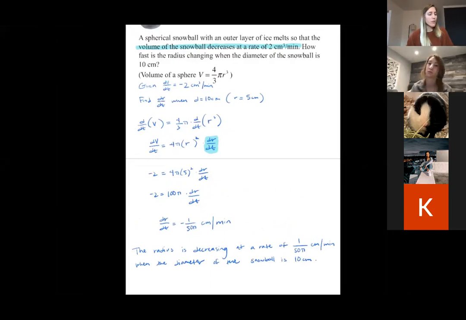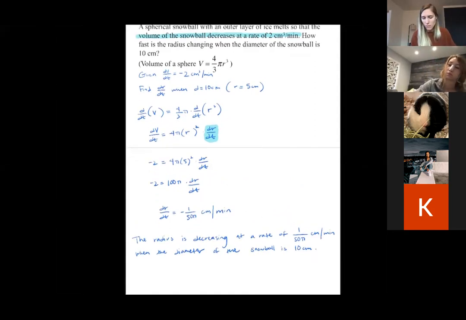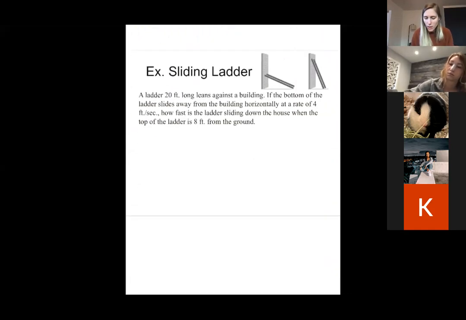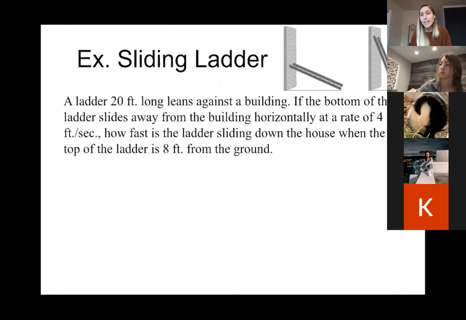So my plan is to go through one more with us all together. This one shouldn't take that long. Okay, the sliding ladder, classic related rates problem.